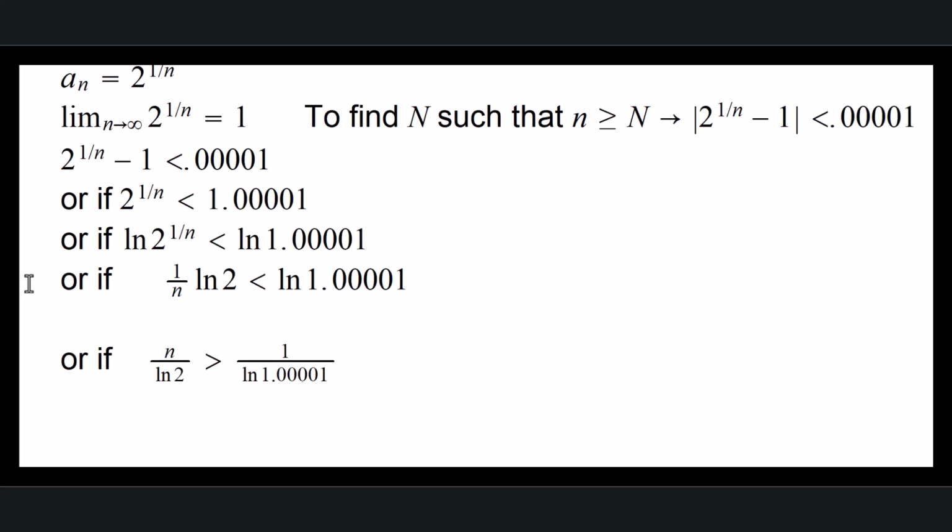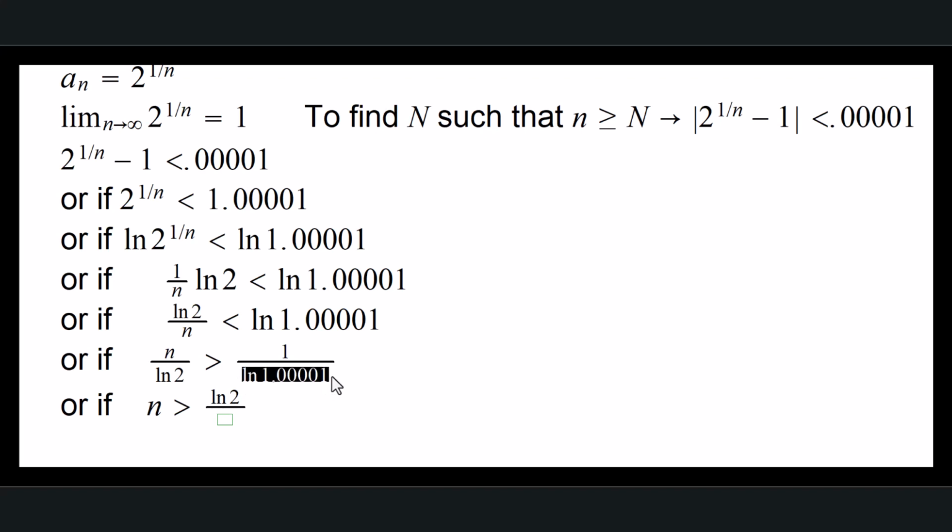I don't know why I didn't write that in simpler form. I know you don't need me to explain this, but I'm doing that to just avoid making any mistakes. So this is if n is greater than how much? ln 2 over this ln.